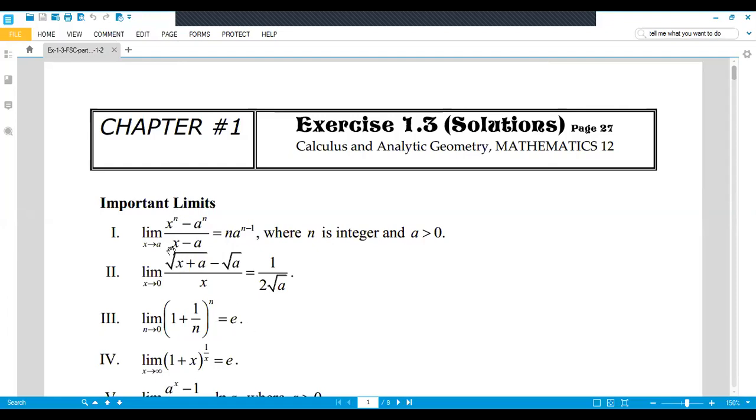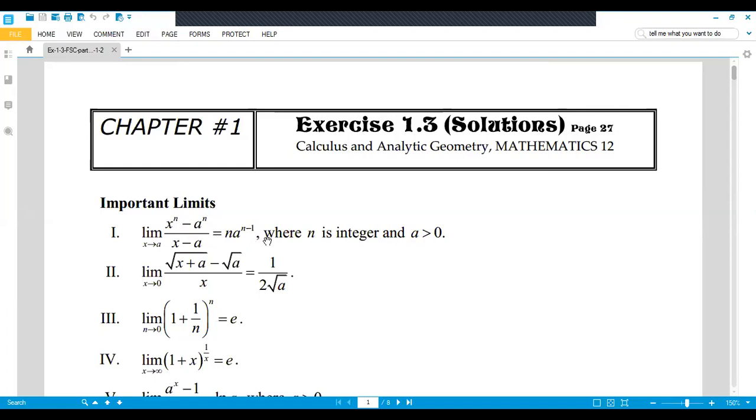First is limit x approaches a, x power n minus a power n over x minus a, is equal to n a power n minus 1, where n is an integer and a is greater than 0.